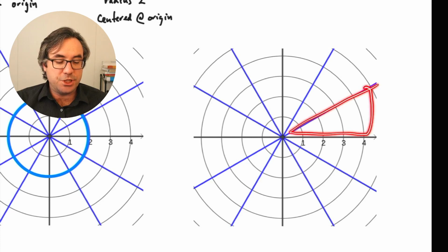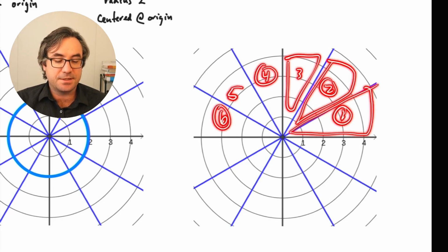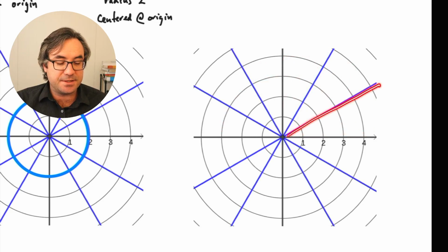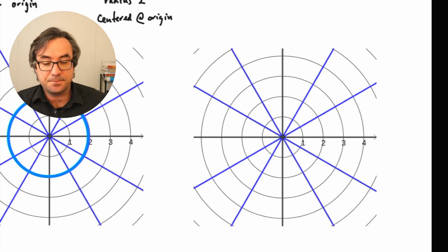We've got one wedge here, there's our first wedge, our second wedge, third wedge, and then fourth, fifth, and sixth. So this is the wedge for pi over 6, and this ray is our pi over 6 ray.